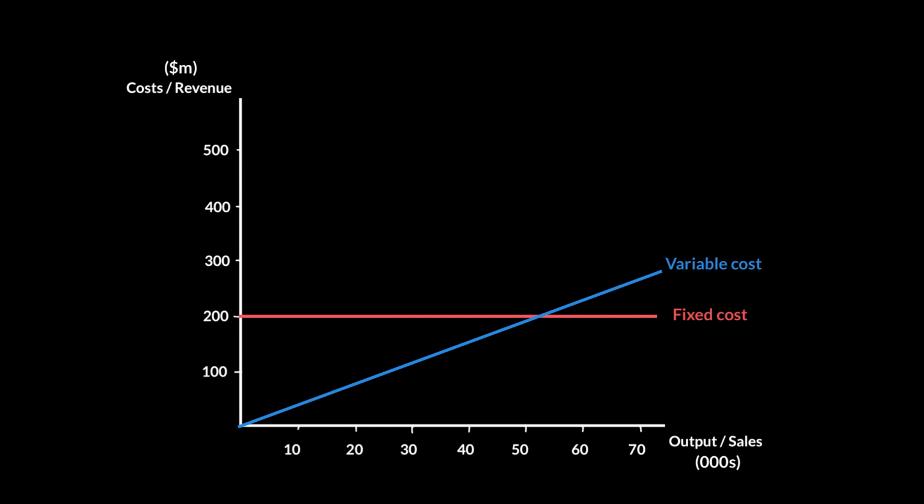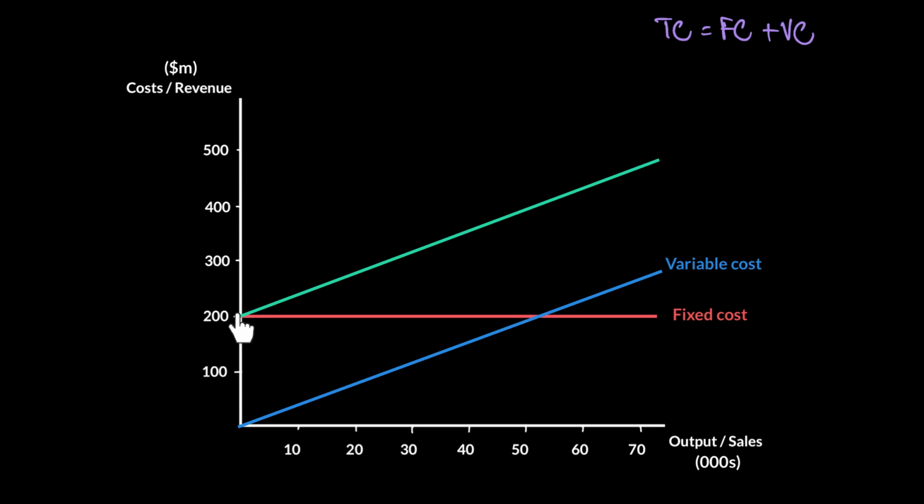Now, you will remember that my total cost is a combination of my fixed cost and my variable cost. And I'm going to show this and add it on my graph here. If I add my straight line of the fixed cost and the upward sloping line of the variable cost, it will start from 200 and it will go parallel to the variable cost curve. Why? Because even if you're producing 0 units, it will still cost 200 million, right?